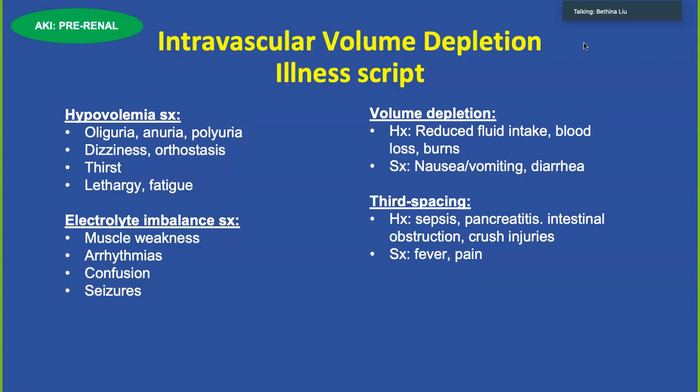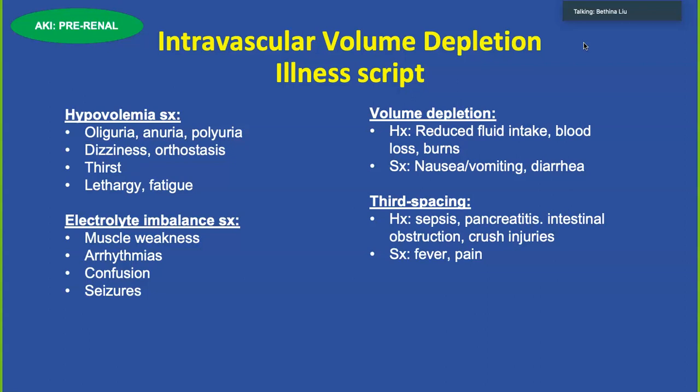One of the common causes of AKI is intravascular volume depletion. The symptoms for this can have different categories of underlying causes. One are symptoms caused by hypovolemia, which include oliguria, anuria, or polyuria. This can present with dizziness.